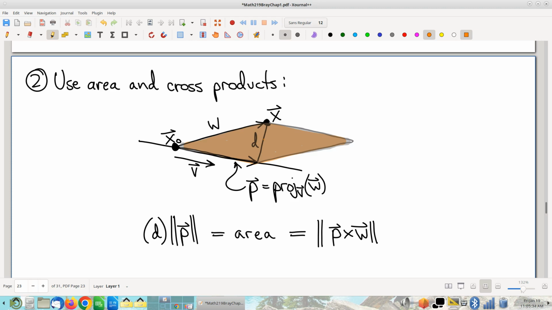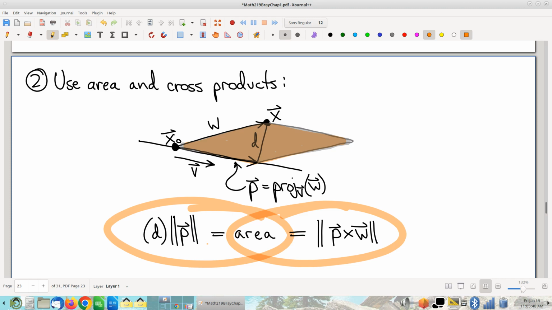It's surprisingly often. So on the one hand, I can compute that area as height times base. On the other hand, I can compute that area as the magnitude of a cross product because, well, one of our brand new known cool properties of the cross product is it gives me the area of the resulting parallelogram.